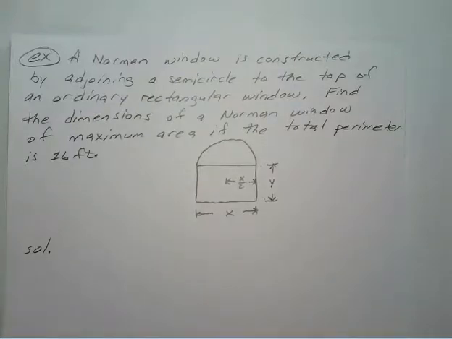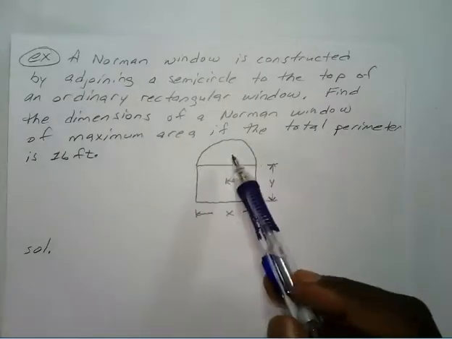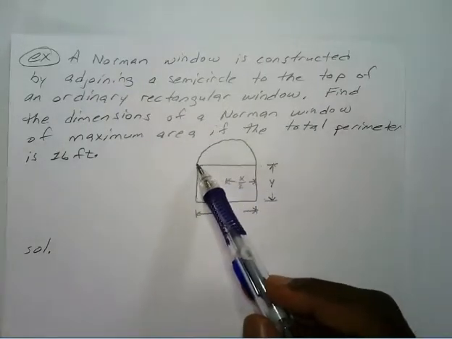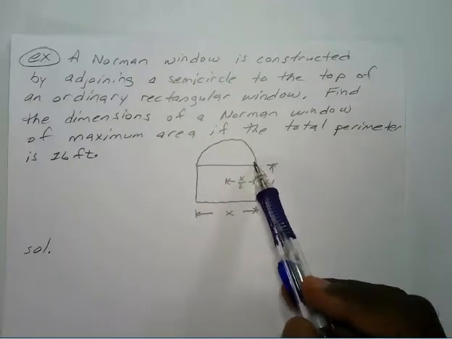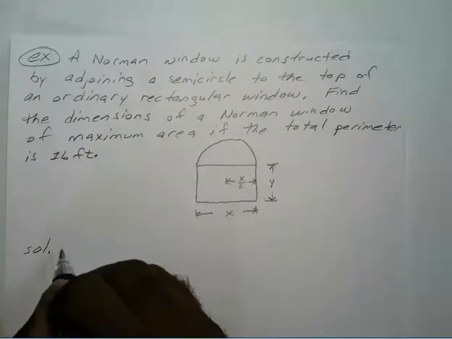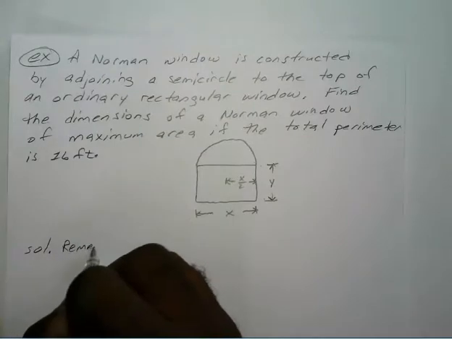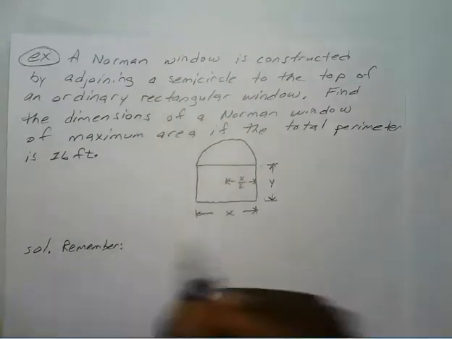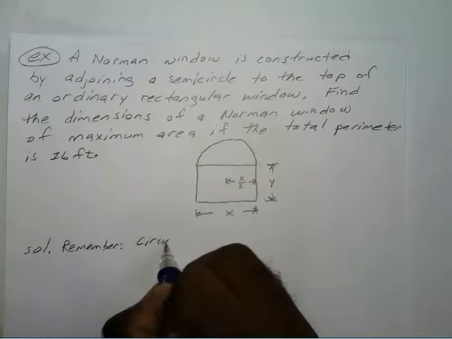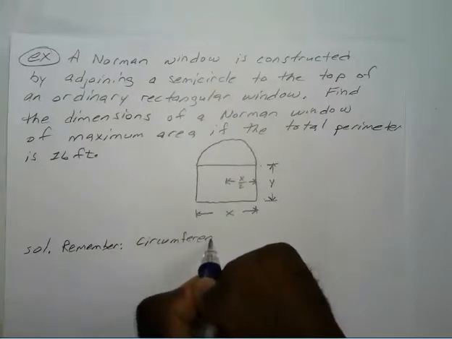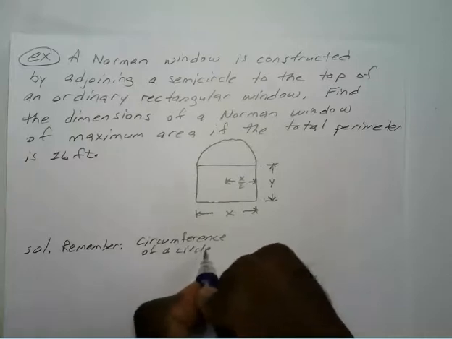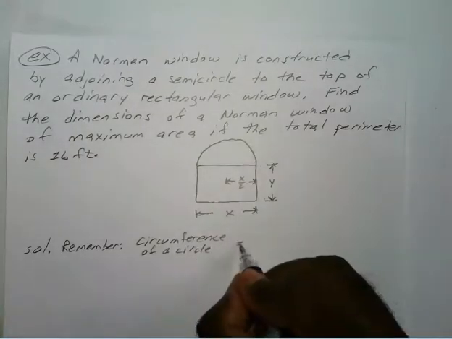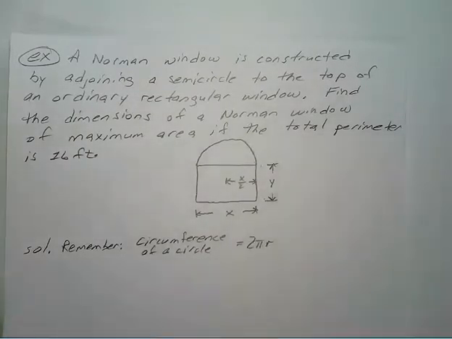All right, now to get started, first thing we're going to want to know is exactly what is the circumference of a circle, because remember, we only have a half circle up here. So remember, the circumference of a circle, and that's an entire circle, is 2 pi times the radius.